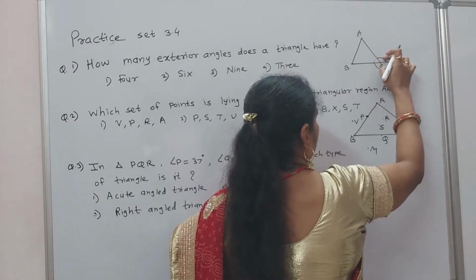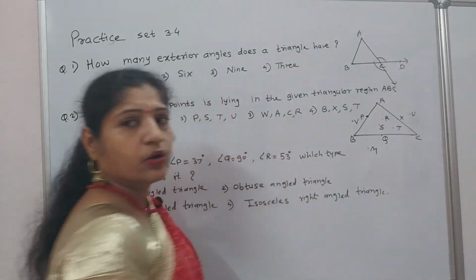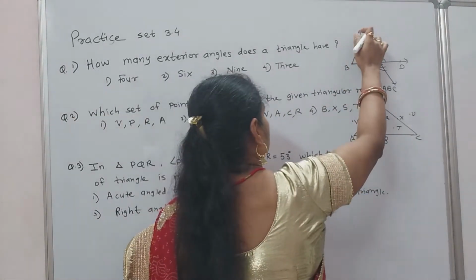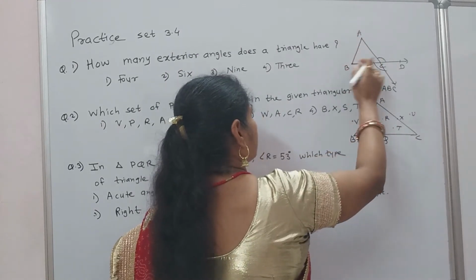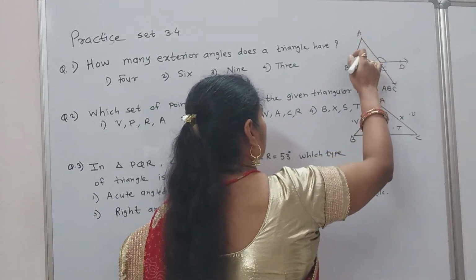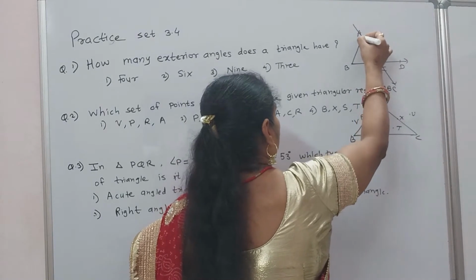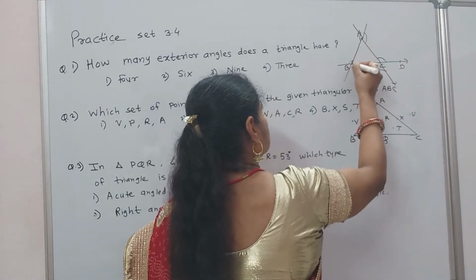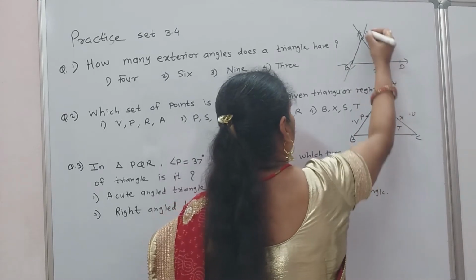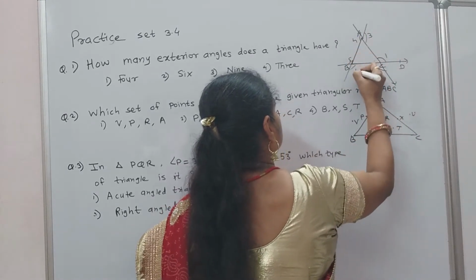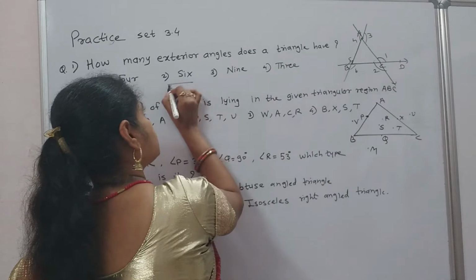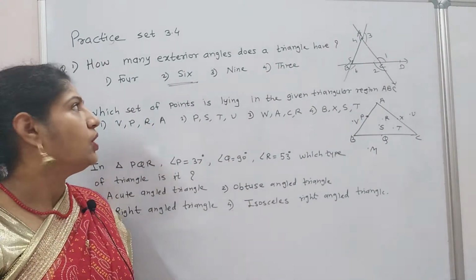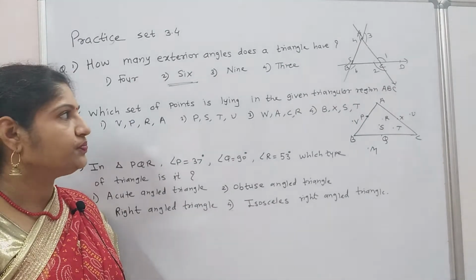At vertex C there are 2 exterior angles. Similarly, at vertex A and vertex B we can draw two exterior angles. Now total number: 1, 2, 3, 4, 5, 6. So 6 exterior angles can be drawn. So the answer is option number 2.